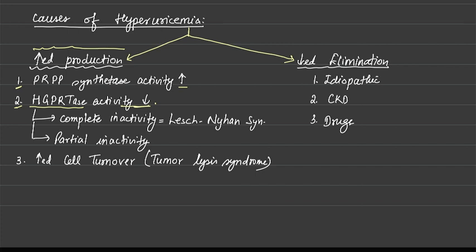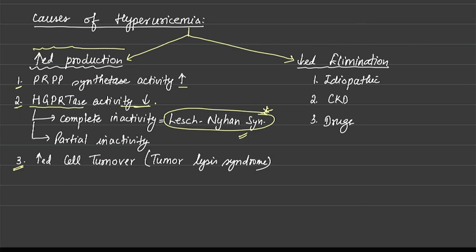Important here is decreased HGPRTase activity. It is basically seen in various genetic conditions like Lesch-Nyhan syndrome, in which there is complete inactivity of this enzyme. Lesch-Nyhan syndrome is basically a syndrome of self-mutilation along with neurological abnormalities, and there will be hyperuricemia also in this condition. So Lesch-Nyhan syndrome is frequently asked in multiple choice questions, and you can remember it for that purpose.